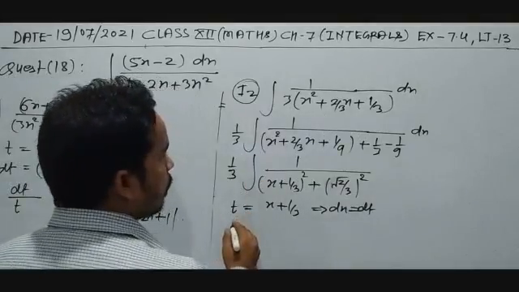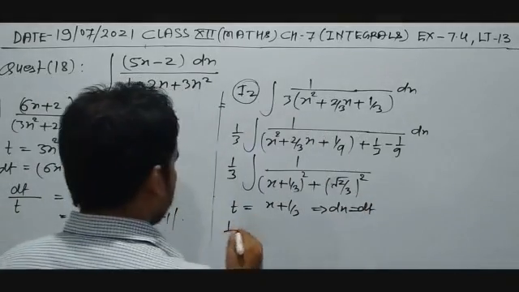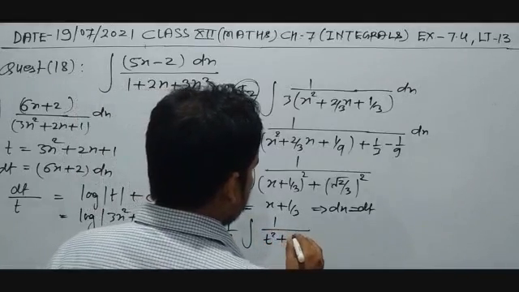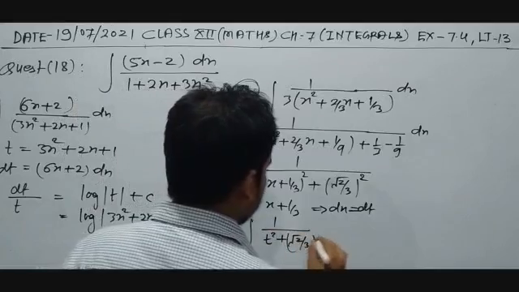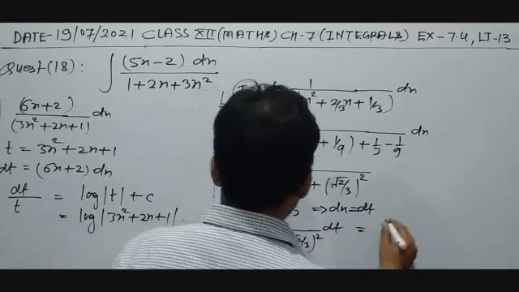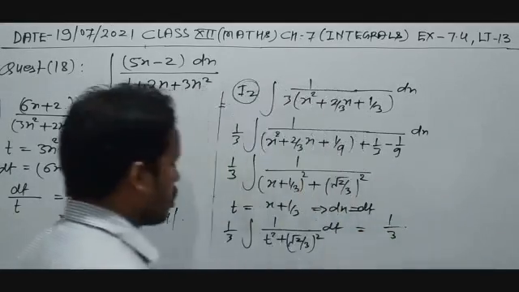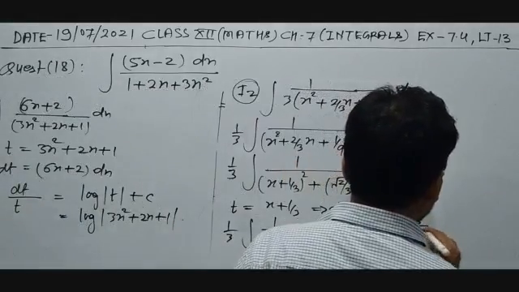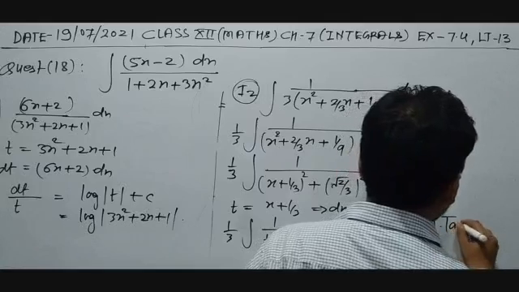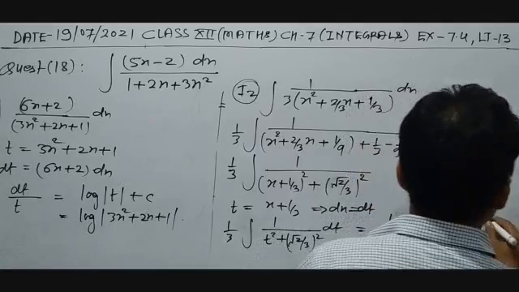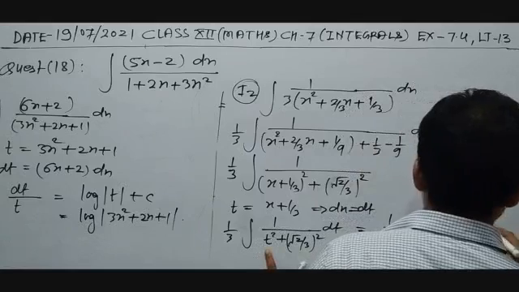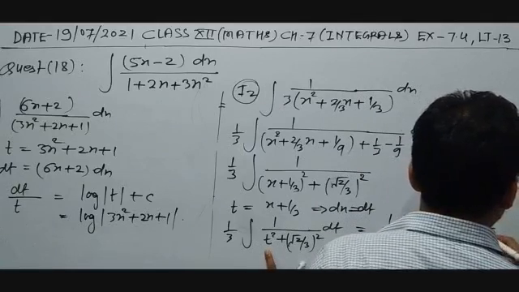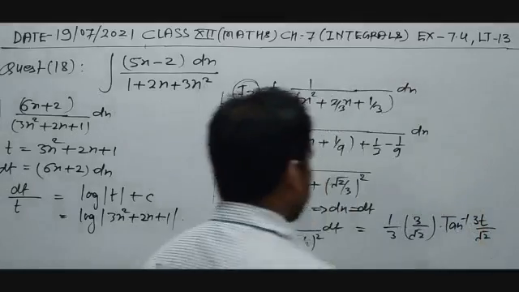Now the integration will convert to 1/3 integral of 1 upon t² + (root 2/3) whole square dt, and its result will be 1/3 into 1/3 into 1/a. 1/a means 3 by root 2 into tan inverse of x/a, meaning t/a, that is 3t by root 2.